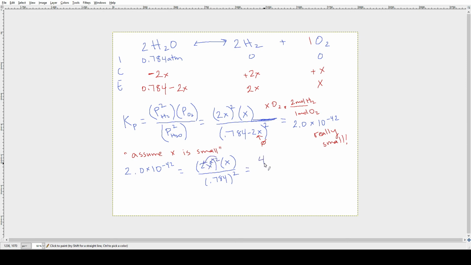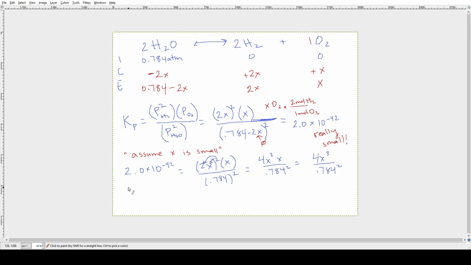I will distribute this 2 out now. So I have 4x squared times x over 0.784 squared equals 4x cubed over 0.784 squared, still equal to this number over here.